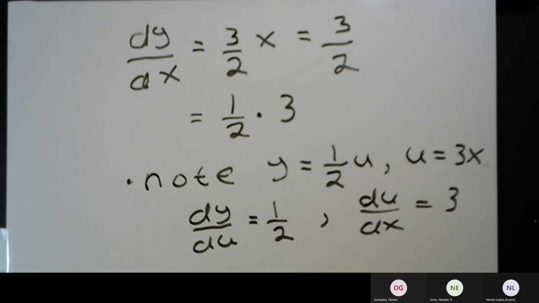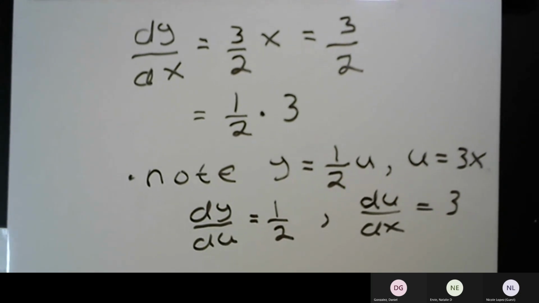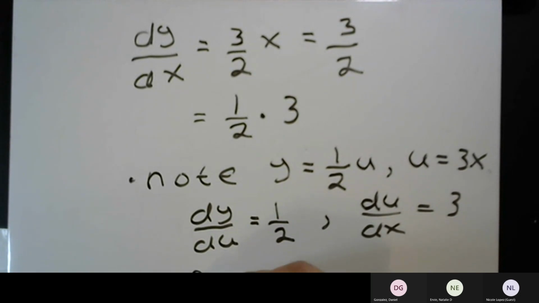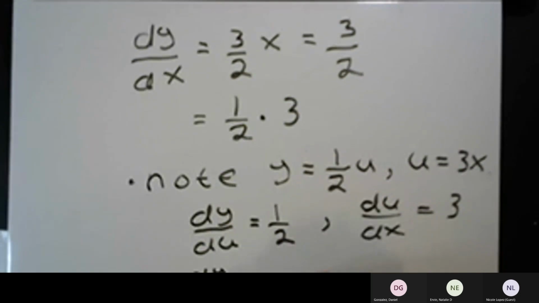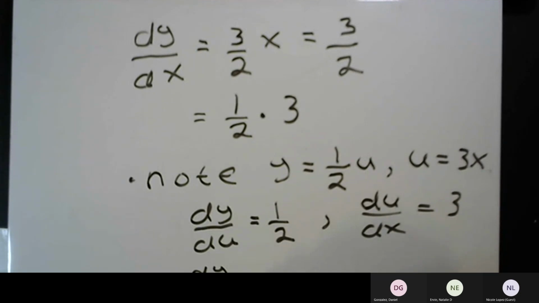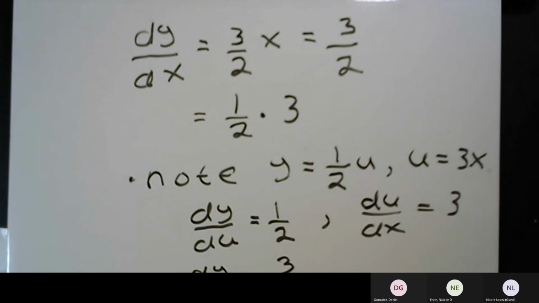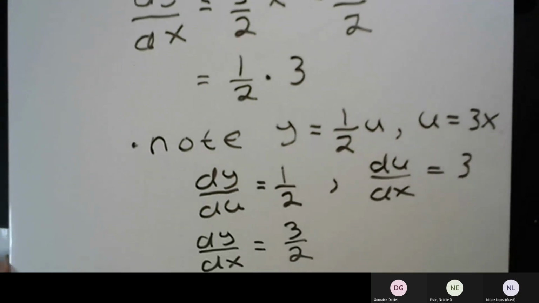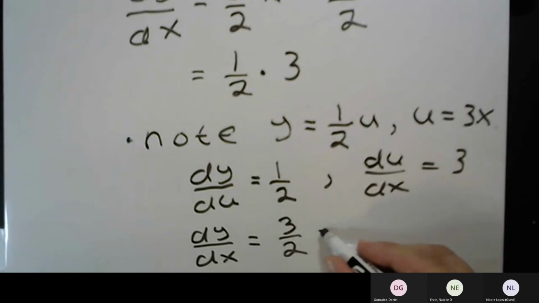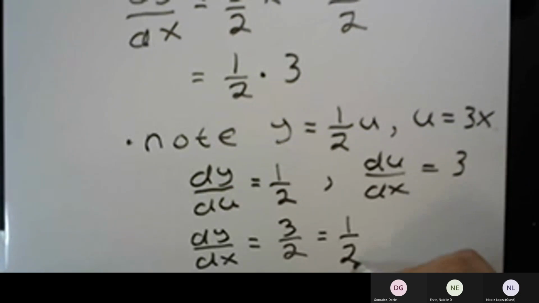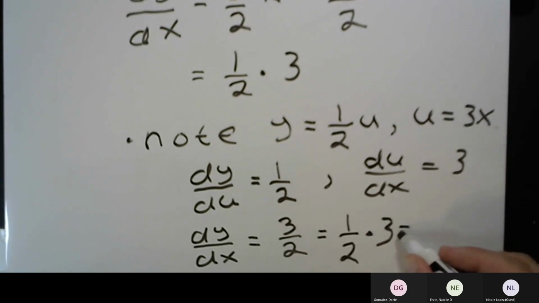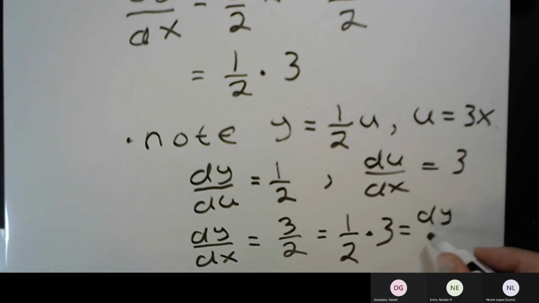So what this says is that dy dx, which we found is 3/2 because we know what y was, 3/2 x, we can call 1/2 times 3, or dy du times du dx.